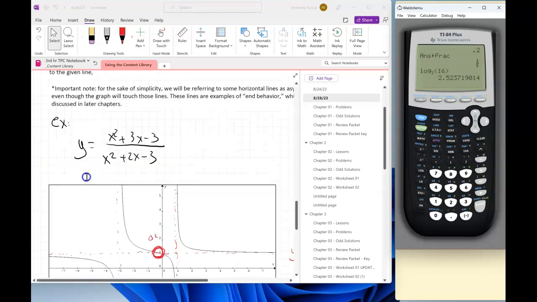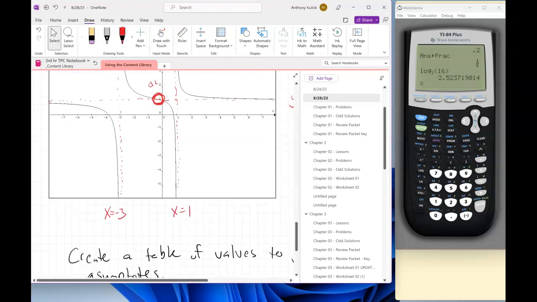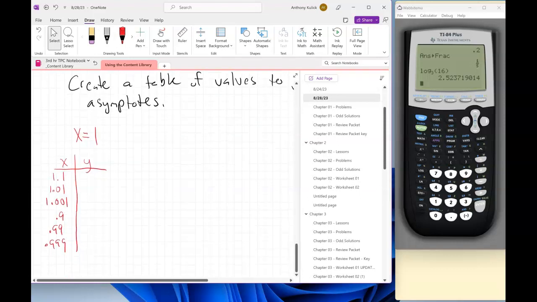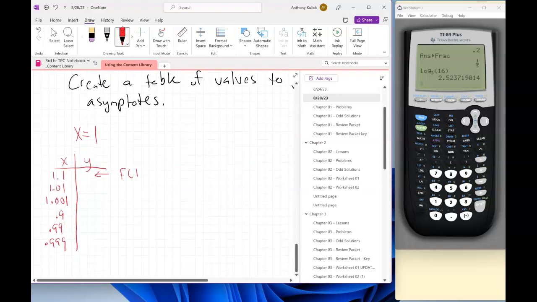So what I want to do is, if I think about this as f of x instead of y equals, to do this would be like f of 1.1, right? Everybody agree with that? Guess what?